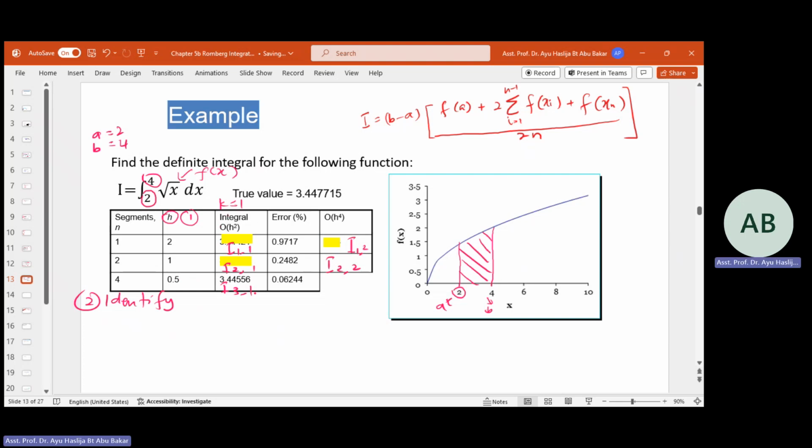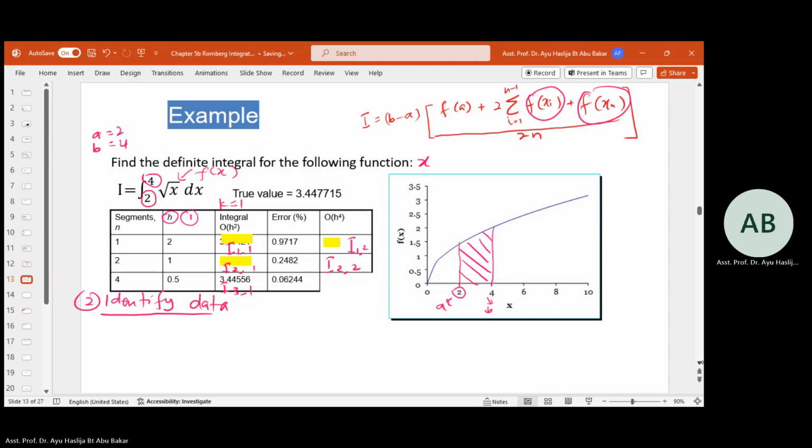To find the integration over here, we need to remember to use the trapezoid. We need the f(x) values over here. In order to find the f(x), we need to identify the x values first, the points that you want to calculate.